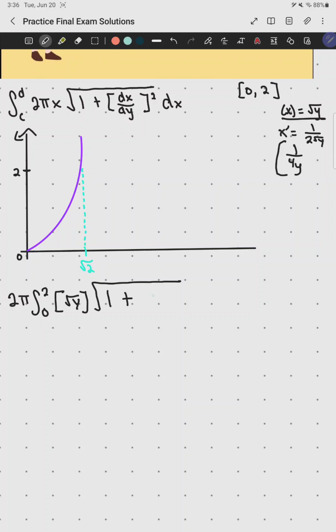So 1 over 4y. Actually, we'll do 2y squared. Actually, no, it doesn't really matter. We'll just do it how it is. So we have our 4y.